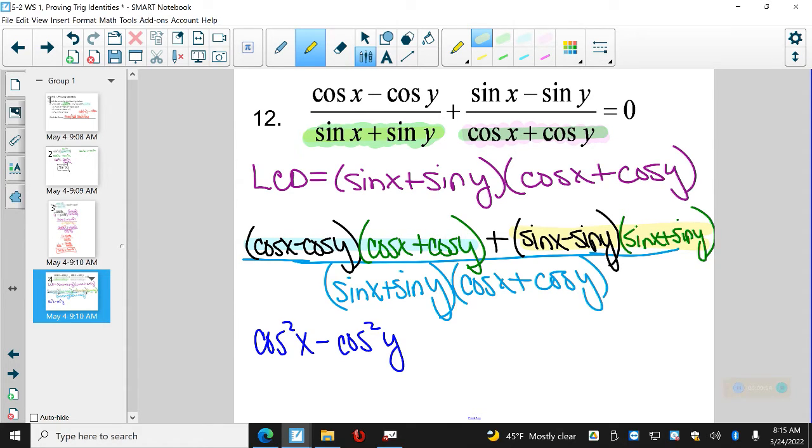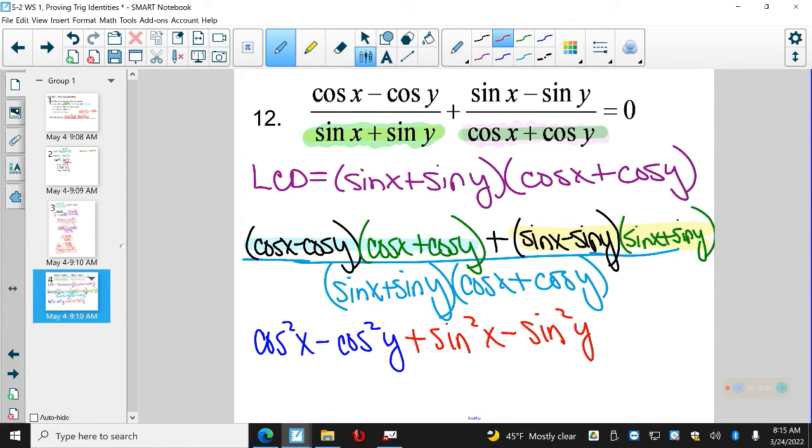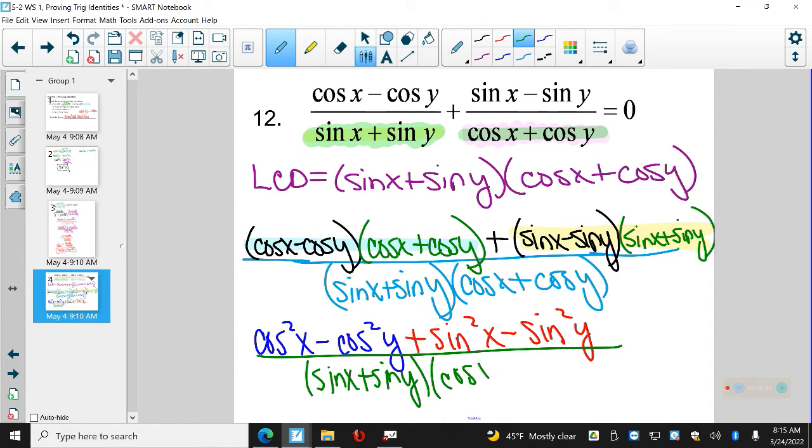They are as well conjugates. So since those are conjugates, I'm going to go ahead and FOIL those, getting plus sine squared of x minus the sine squared of y. And all of that is going to be over this ugly denominator.